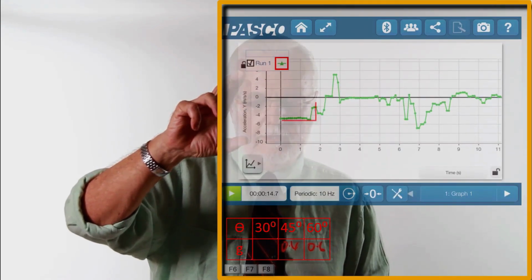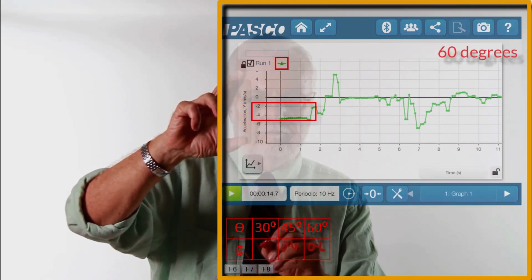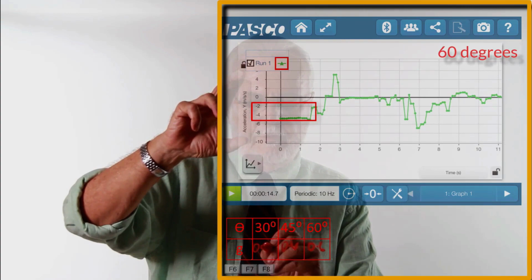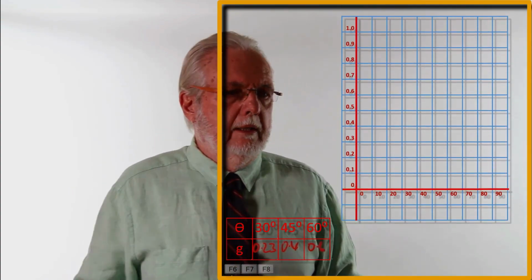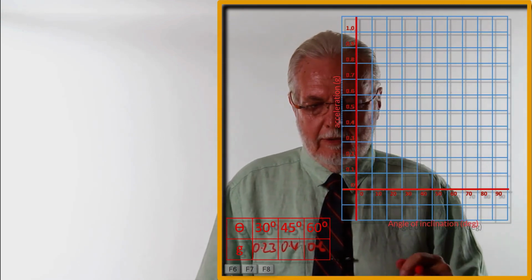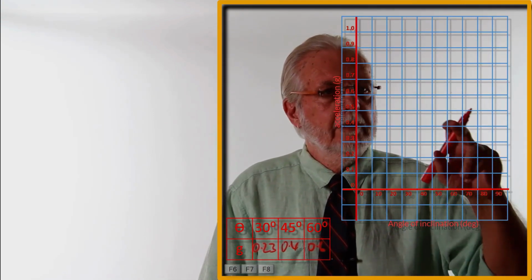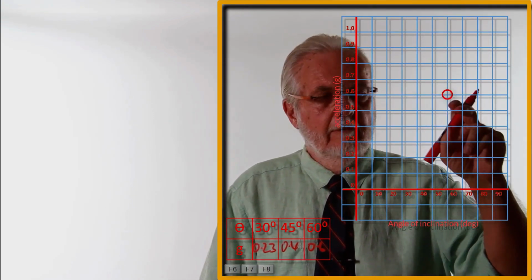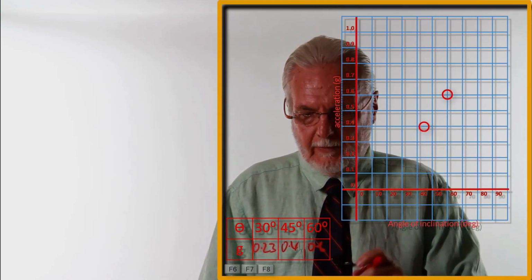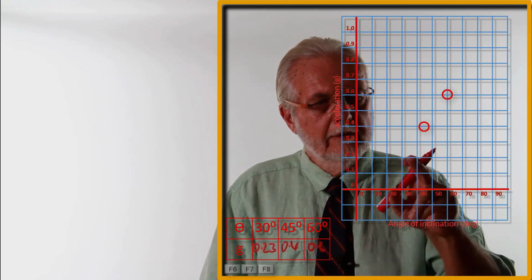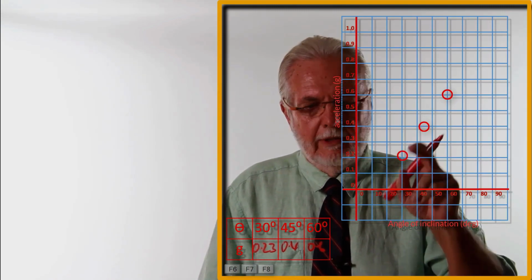For 30 degrees we get 0.23 of a G. Now we can plot each of these in turn. So for 60 degrees we get 0.6, for 45 degrees we get 0.4, and for 30 degrees we get 0.23.